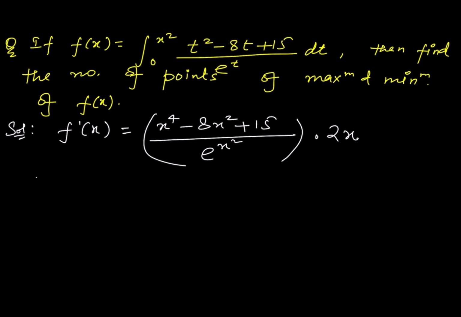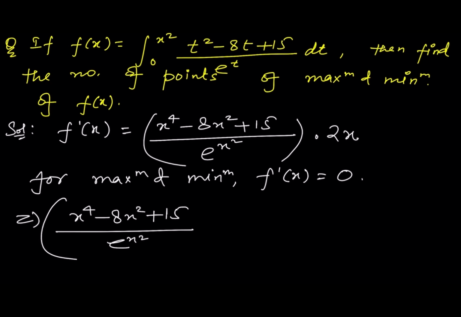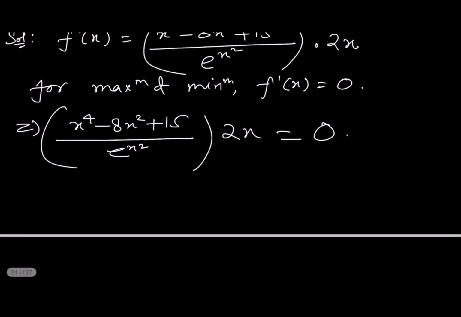Now for maxima and minima, f dash x must be 0, right? So (x to the power 4 minus 8x square plus 15) upon e to the power x square, into 2x, is equal to 0.